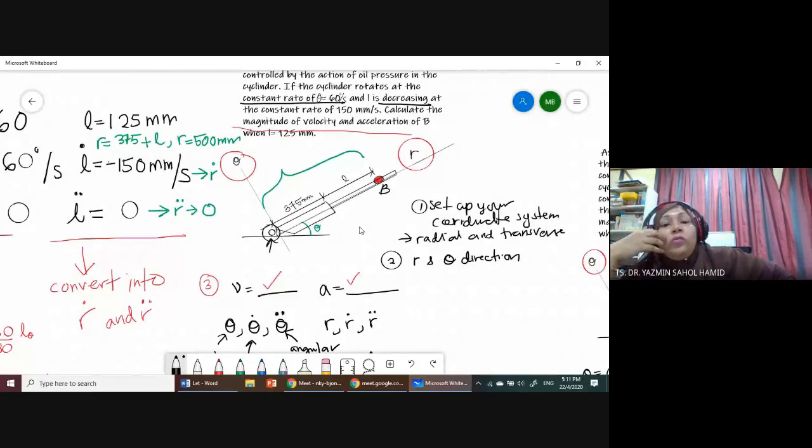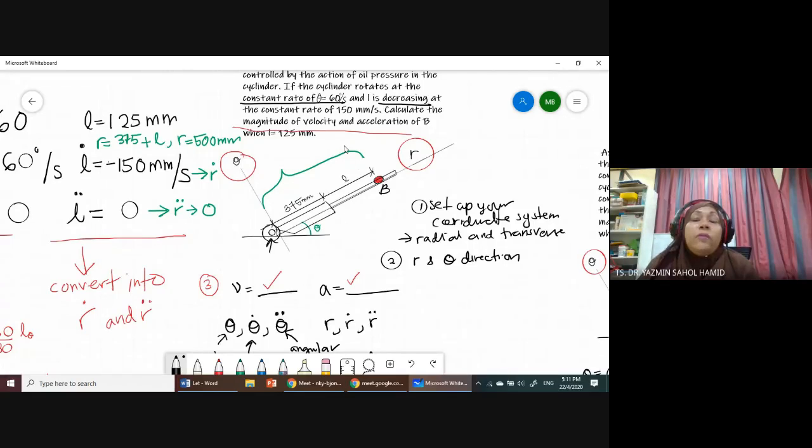Later, I will give you more questions that use Newton's second law. But at least you understand that when you get the question, number one, you need to set up your coordinate system, and you have chosen radial and transverse. Number two, you need to draw the axes, the radial and transverse axes, the r and theta directions.